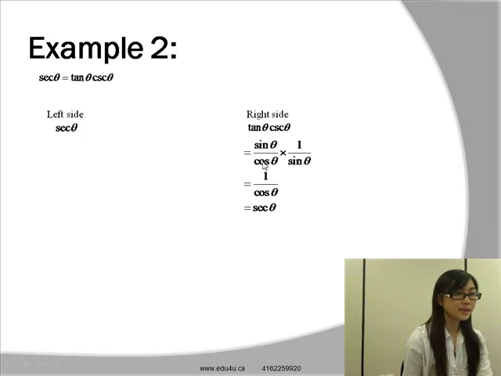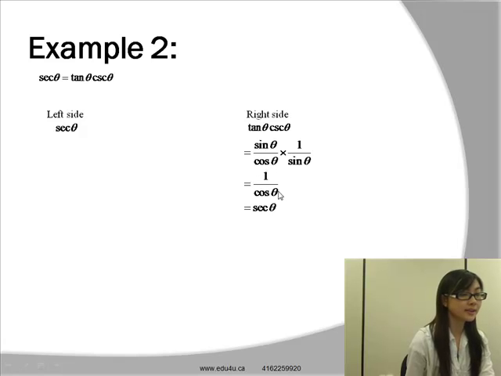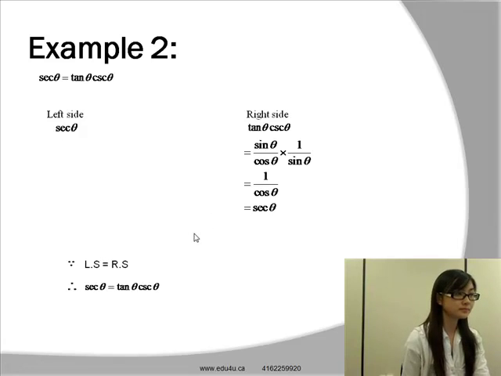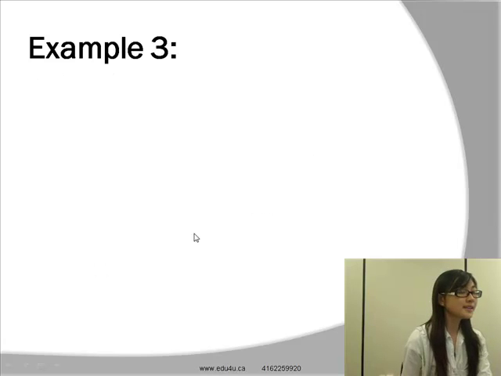We mentioned before that tan theta equals sine over cosine, and cosecant equals 1 over sine. Now you can easily see that the two sines cancel out, and we're left with 1 over cosine theta, which is the same thing as secant theta, and that's what we wanted on the left side. So since the left side equals the right side, therefore the identity is true.